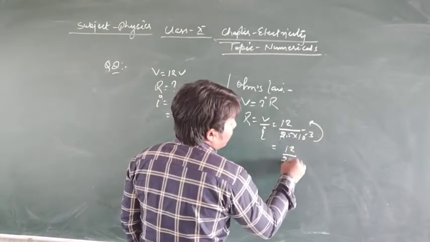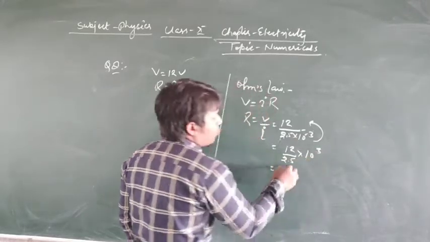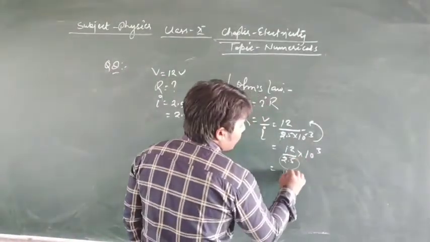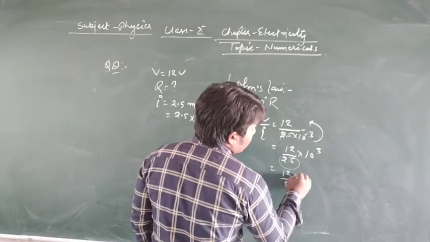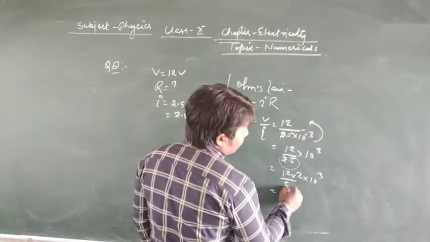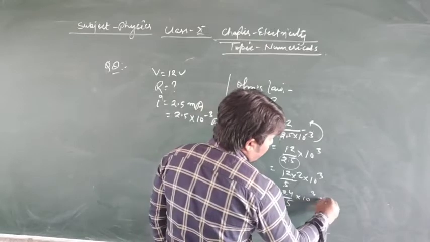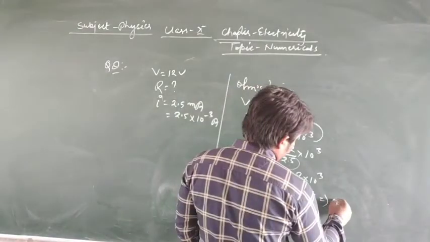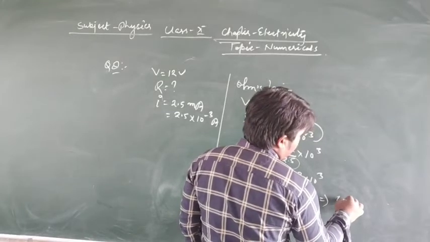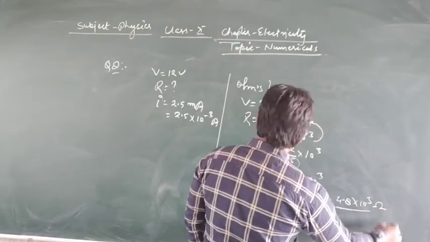So 12 upon 2.5, into 10 to the power 3. 2.5 means 5 by 2. 12 upon 5 by 2 is 24 by 5, into 10 to the power 3. So it will be 4.8 into 10 to the power 3 ohm.